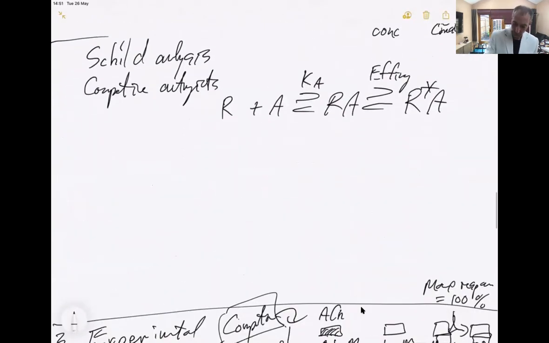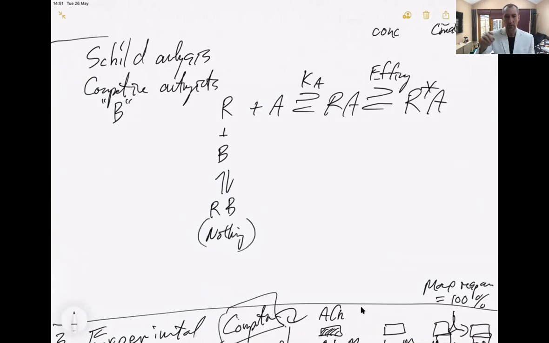Let's think about what we're doing. A competitive antagonist to a pharmacologist, we label it B for our mass action diagrams. So R plus B, going to an equilibrium, RB. But antagonists have efficacy of 0. So it's a dead end complex. So nothing happens.